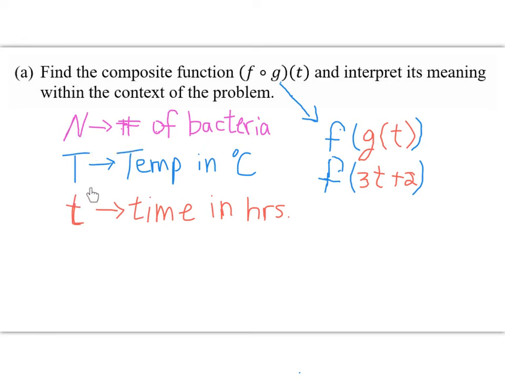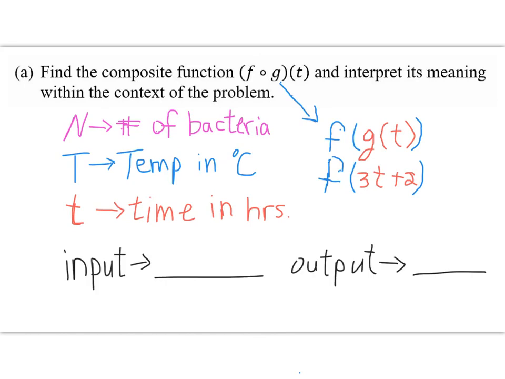There's capital T, which is the temperature in degrees Celsius. And then there's lowercase t, the time in hours. One of these three is going to be the input, and one of these three is going to be the output, so one of these three is going to get left out. Your job is to determine which of those three quantities is the input and which is the output.